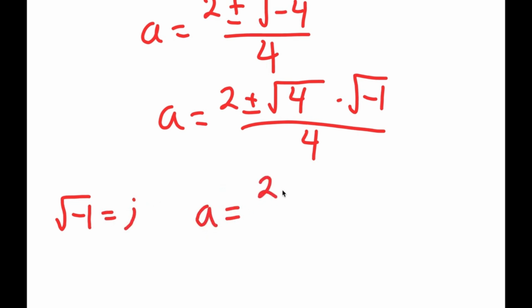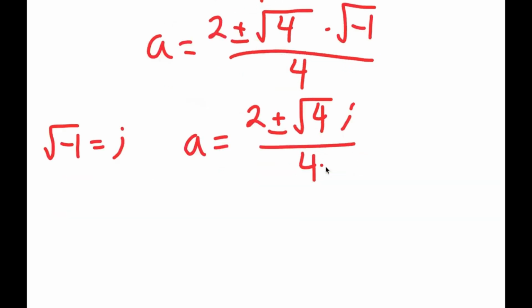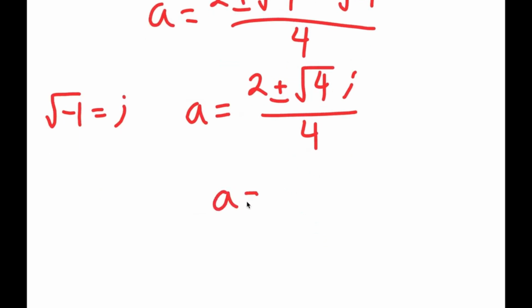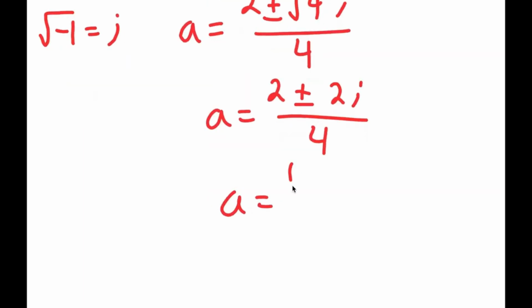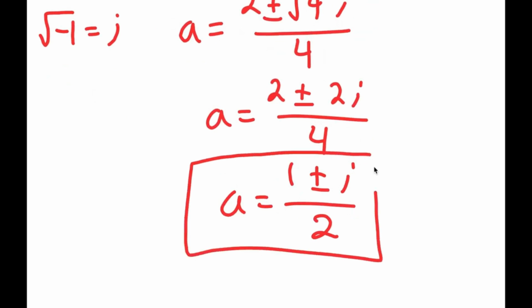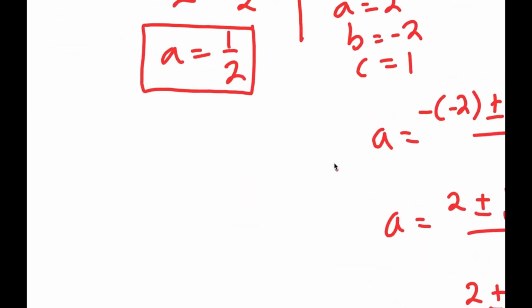So I get a equals 2 plus or minus the square root of 4 times i, over 4. And the square root of 4 is 2. So I get a equals 2 plus or minus 2i, over 4, which simplifies to a equals 1 plus or minus i, over 2. So these are another 2 solutions to my equation.